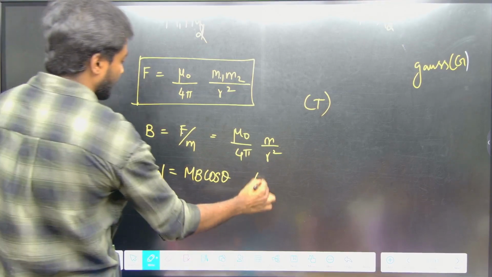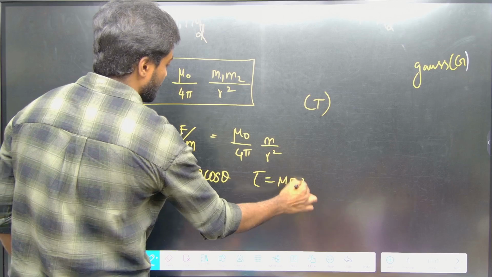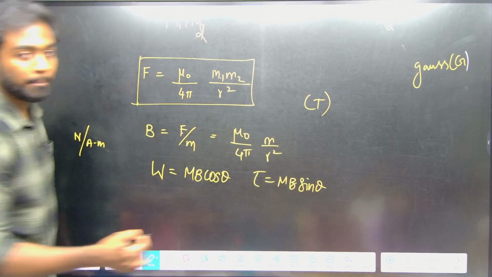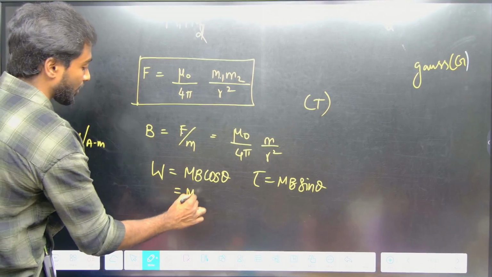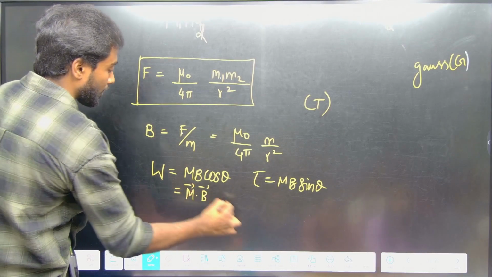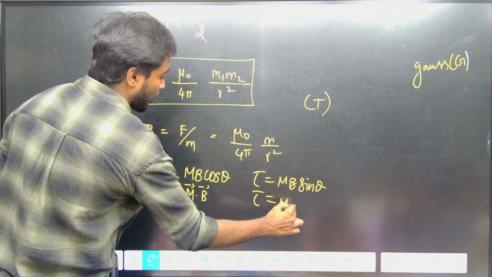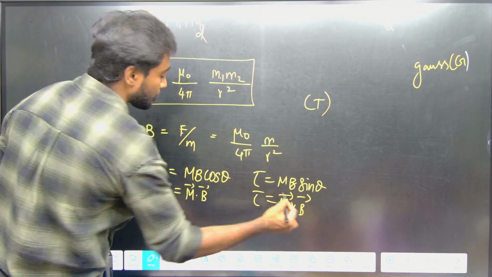So torque is nothing but mB sin theta. Torque is mB sin theta and work done is mB cos theta. So here it is a dot product, m dot B, and here it is a cross product, m cross B.